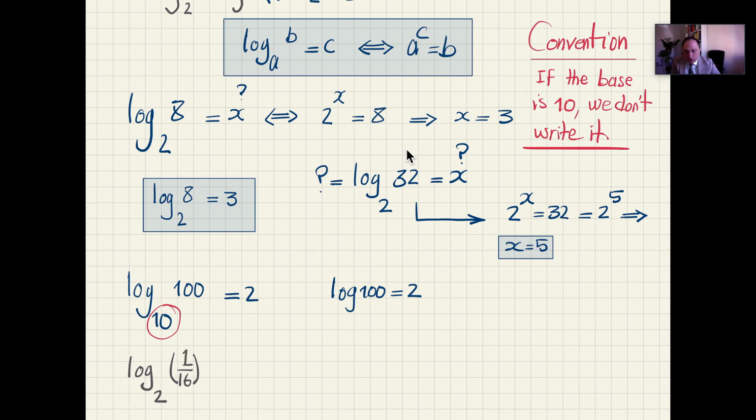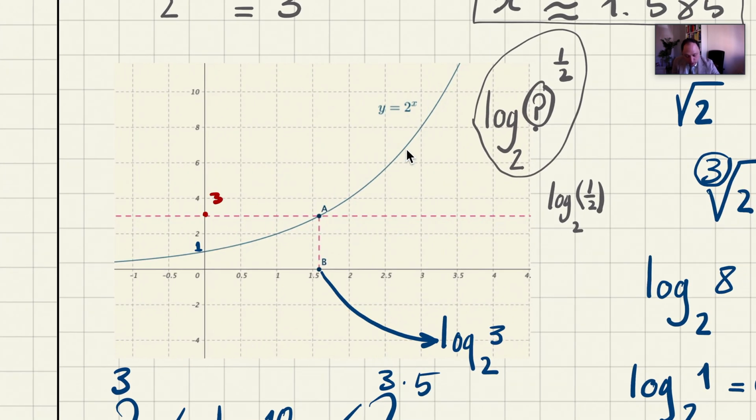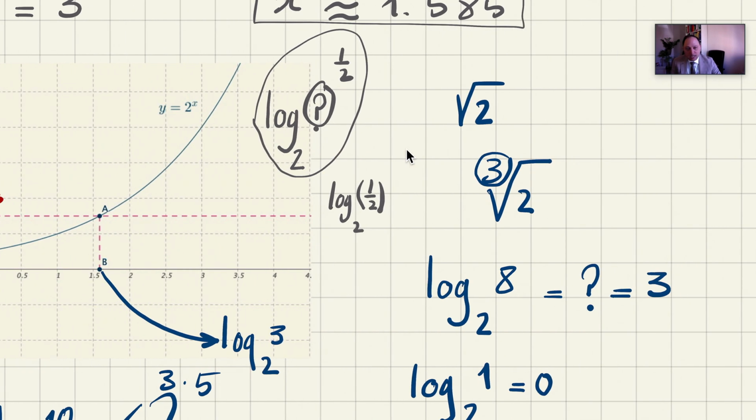Do you expect a positive number or a negative number based on this? Negative. Yes, negative number, very good. You see, this 1 over 16 is somewhere here, and if I go here, there is no hope that I intersect on the right hand side, but definitely if I start continuing, at some point I will intersect on the left hand side. So definitely it's a negative number.